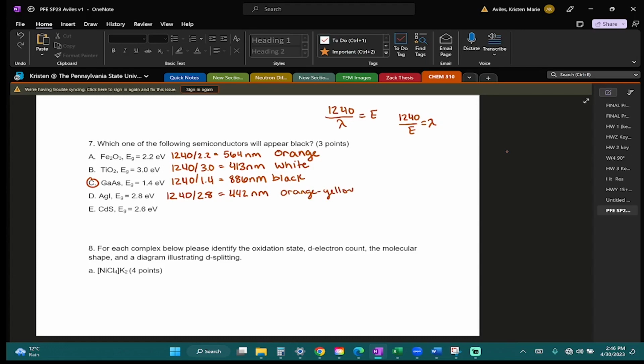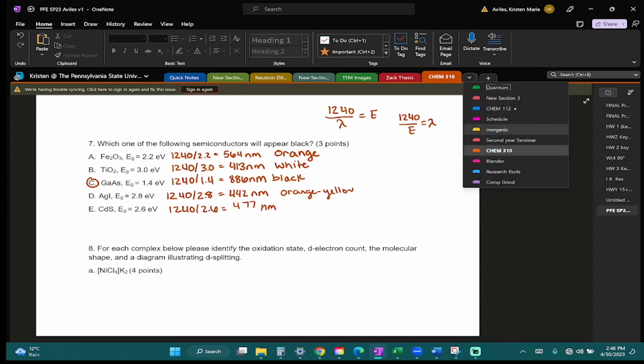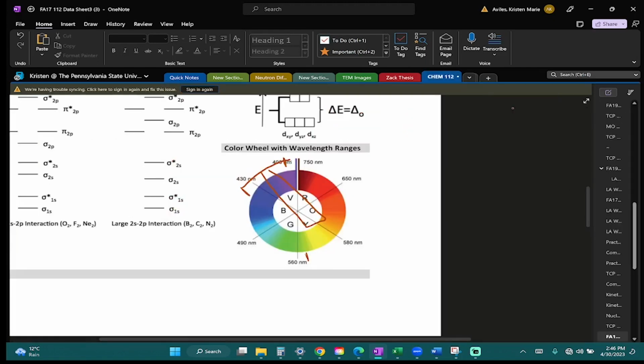And then the last one that we have is cadmium sulfide. So 1240 divided by 2.6, and that's 477 nanometers. So similarly, we'll go back and take a look at it. And 477 is right around here, so our middle, pretty yellow. It's a pretty yellow compound.